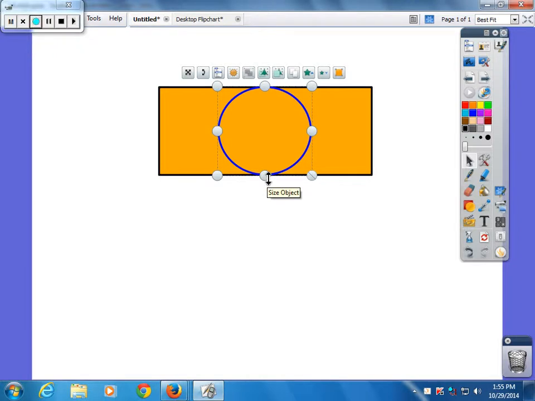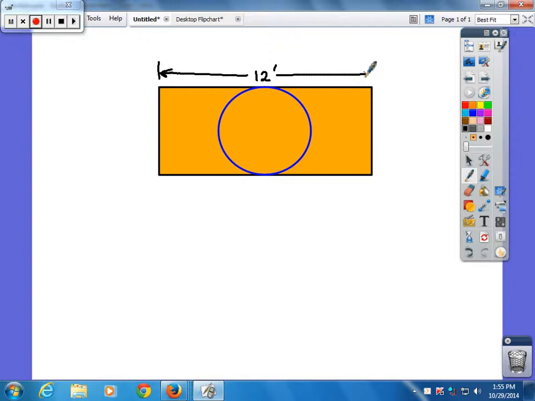Okay, I'm going to say that this up here is 12 feet from here to here. And the radius of this circle is 4 feet.